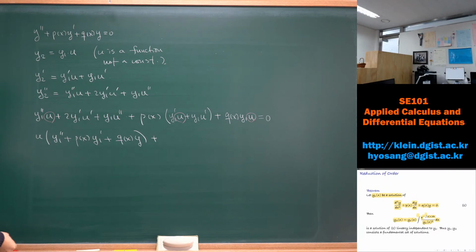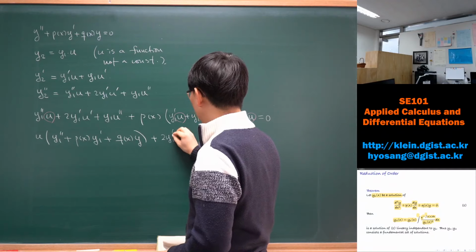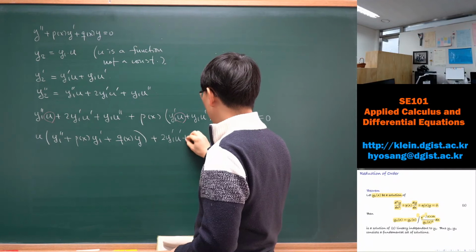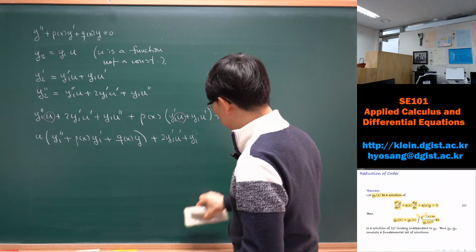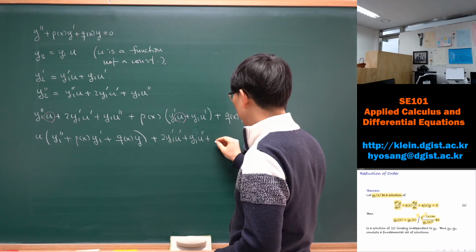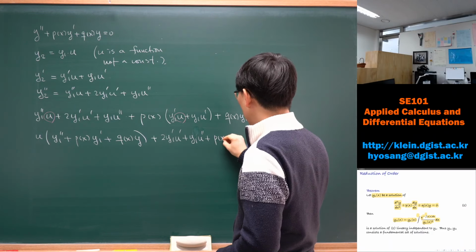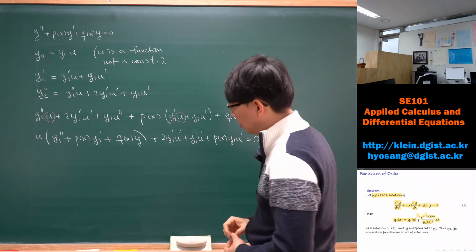And the rest of the terms are 2y1'u' + y1u'' + p(x)y1u', and that must equal 0.